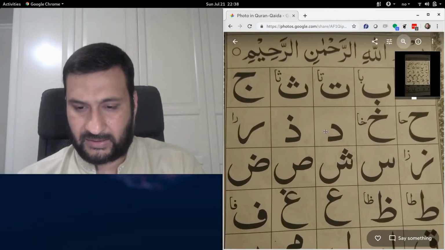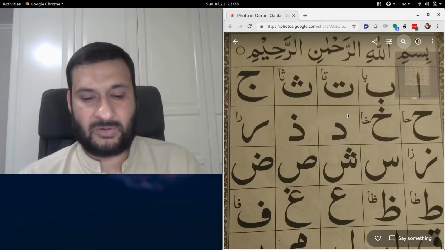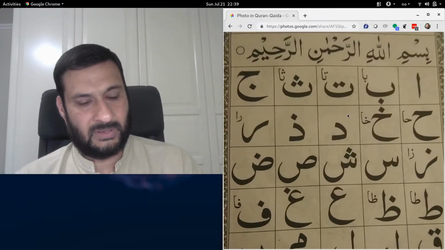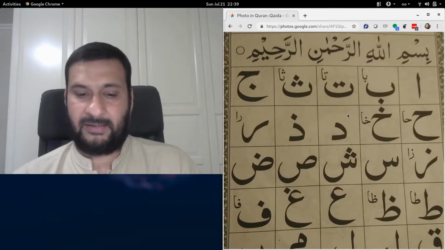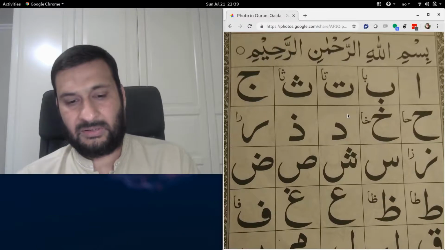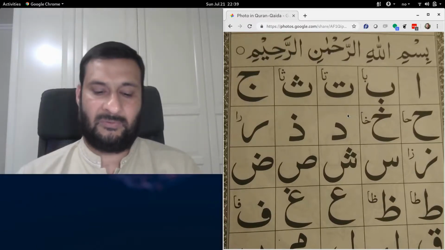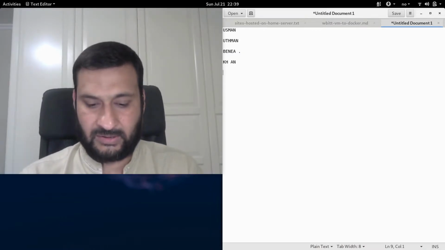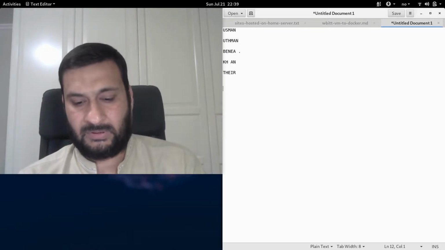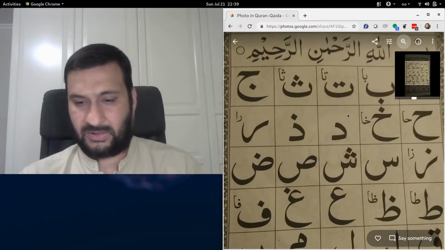Then is the letter Dal. This is a soft D. We know day, dead. These are hard D's. This is the soft D, which is pronounced as Dal, and the sound is D. For example, if you write there, themselves, that's the sound here.